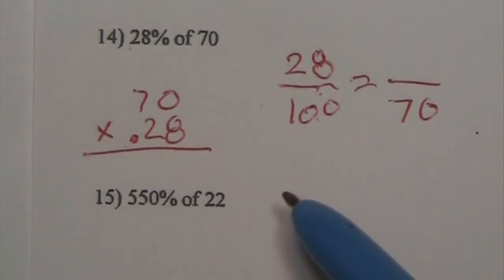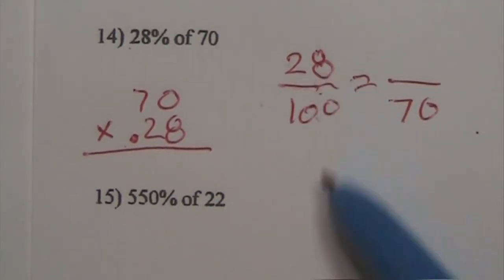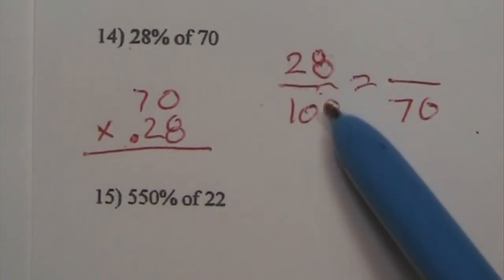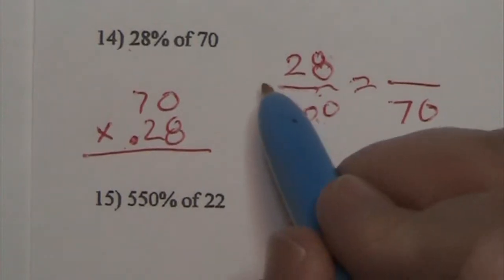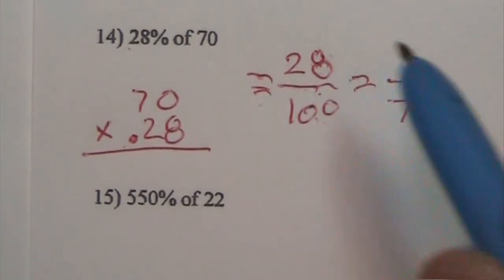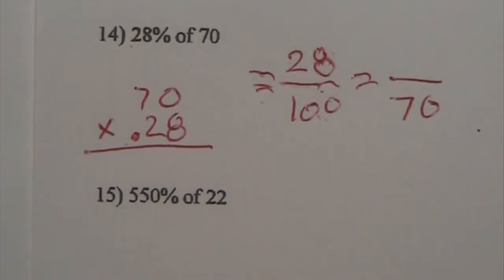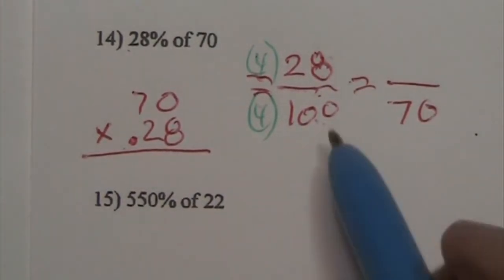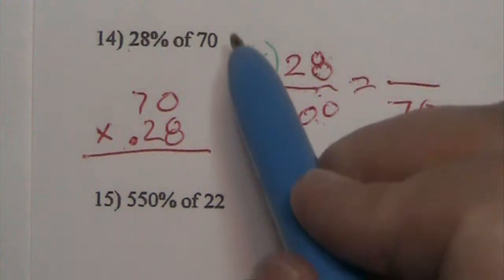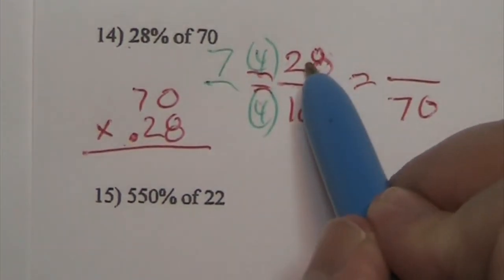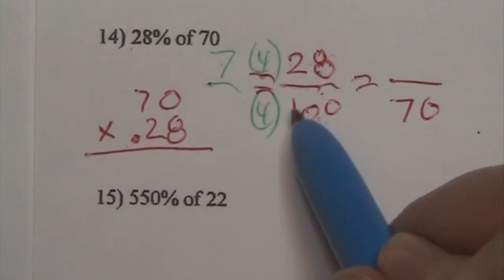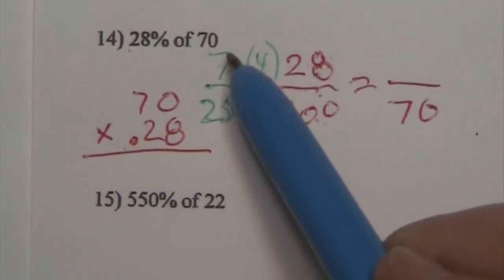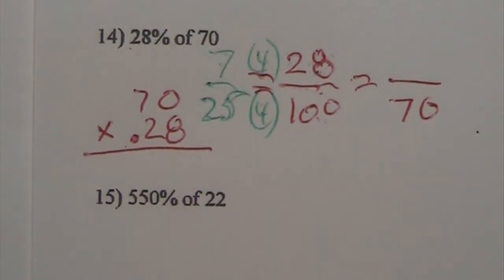And if we went by 4s, because 4 goes into both of these, so if I scaled it down by 4, 28 divided by 4 is 7. 100 divided by 4 is 25. Okay, so 7 over 25.